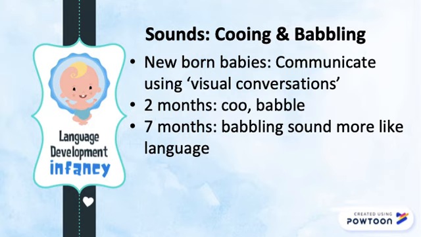Around the age of 2 months, babies start to communicate using sounds by cooing using vowels, then babbling using strings of consonants, da da da, ga ga ga, for example. About 7 months, their babbling starts to sound more like language.